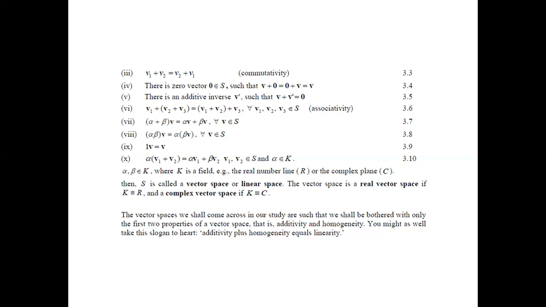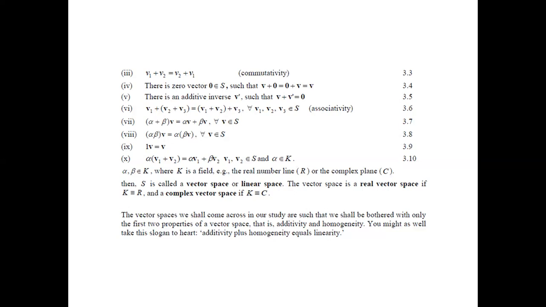The third property is commutativity. Alpha plus beta V equals alpha V plus beta V for all V in S. And alpha beta V is alpha into beta V for all V in S. 1V is V. Alpha into V1 plus V2 is alpha V1 plus alpha V2, not beta V2, for V1, V2 in S and alpha in K. Alpha and beta are in K, where K is a field.